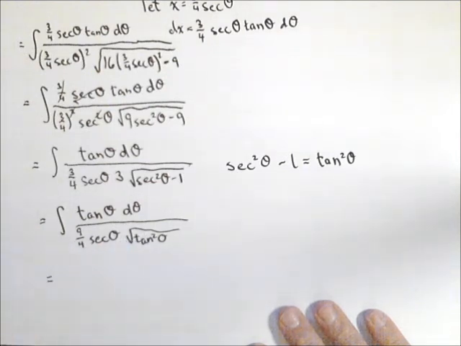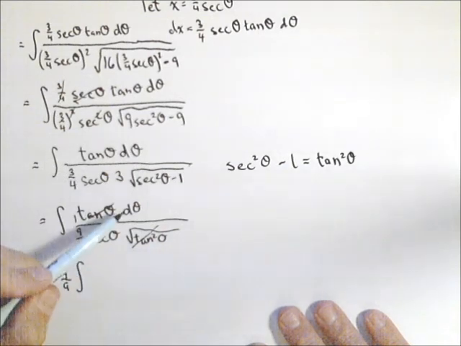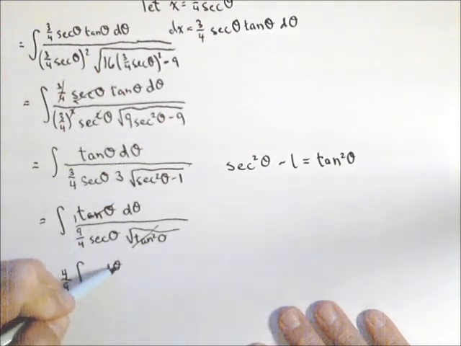Square root of tangent squared theta is just tangent theta. So this is going to cancel out with this. Now there's no other constants, so let's go ahead and pull this out. Now notice this is 1 over 9/4. So when I pull it out, I'm going to take its reciprocal, and I have 4/9. All I have left is d theta over secant theta.